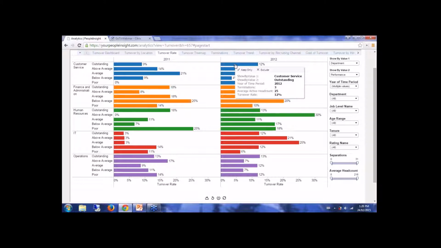What we've done in PeopleInsight, we've designed it in such a way that as I'm slicing and dicing and filtering, it is at the speed of thought, as you can see here, calculating the average headcount and number of terminations for every segment as I click. So your ability to get insight into all the segments within your business is now a reality, and it's at your fingertips with a click of a button.